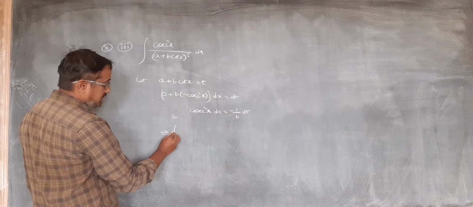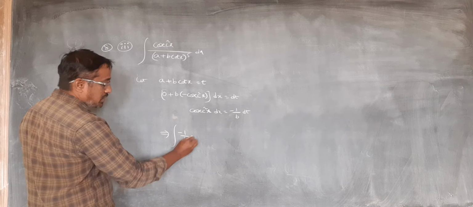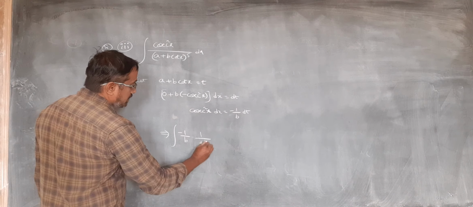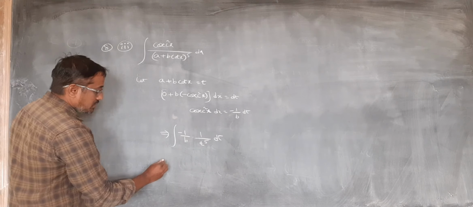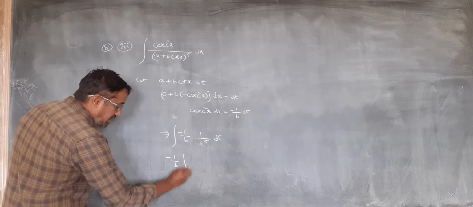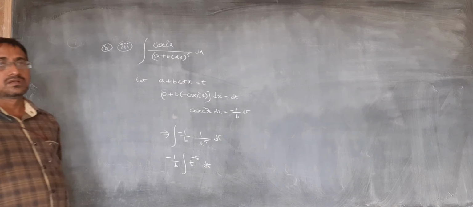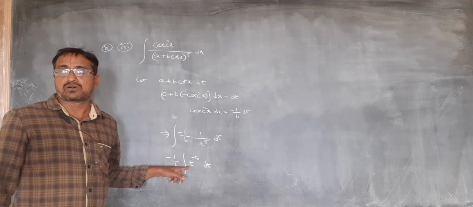So it can be written as minus 1 by d into 1 by t power 5. So minus 1 by d integral t power minus 5 dt. 1 by t power 5 is t power minus 5.